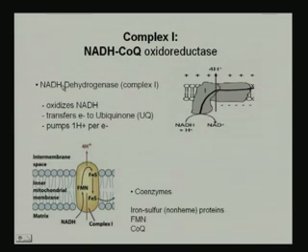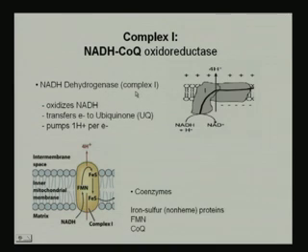What does it do? This NADH dehydrogenase oxidizes NADH. At the same time, it transfers the electron to ubiquinone, the ultimate electron acceptor, and at the same time it pumps 1 proton per 1 electron. So, this is the function of NADH dehydrogenase.